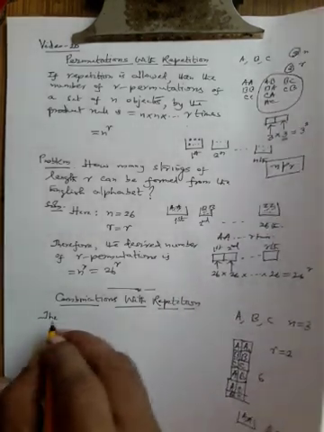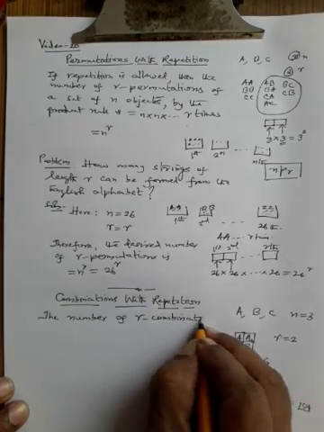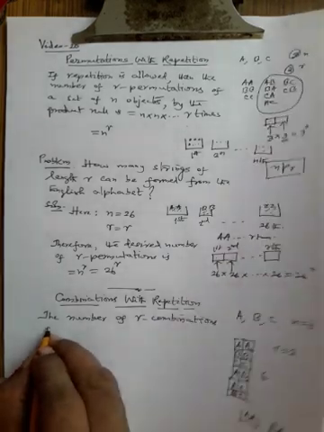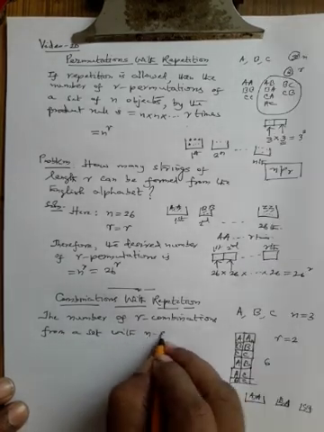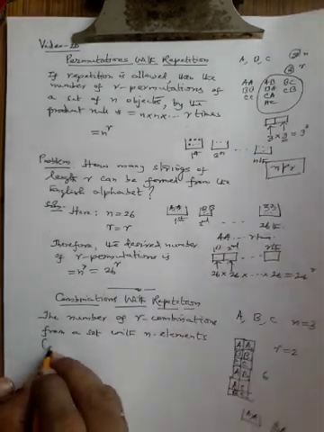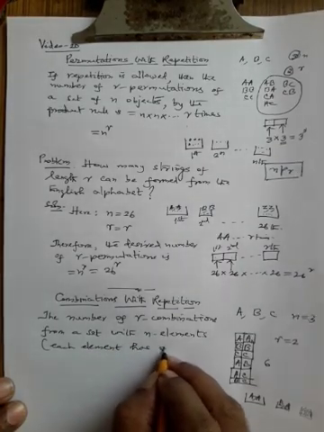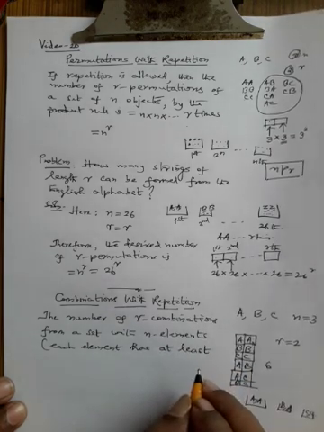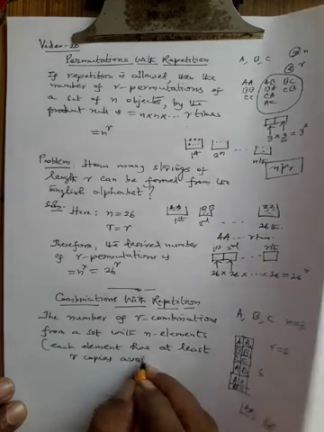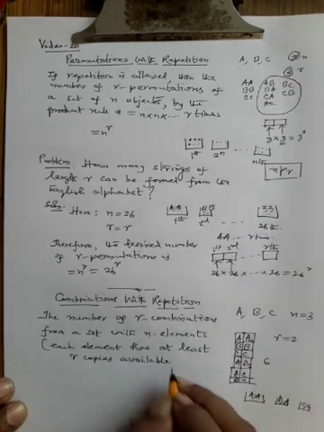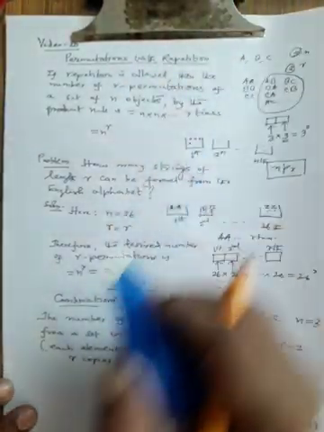The number of r combinations from a set with n elements, where each element has at least r copies available.